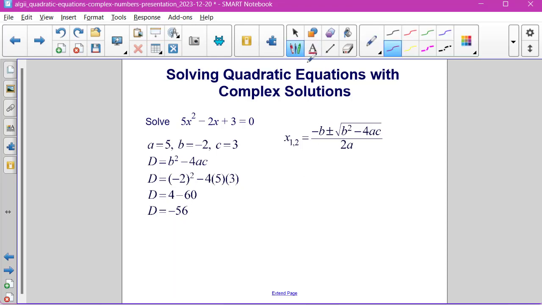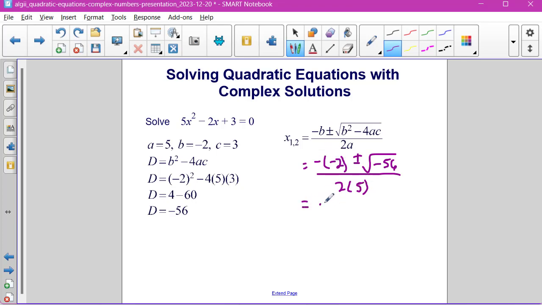So now let's finish figuring out our x values if we know the discriminant is negative. So we're going to have negative of, our b is negative 2, plus or minus square root of negative 56, because again we found the discriminant earlier, all over 2 times 5.